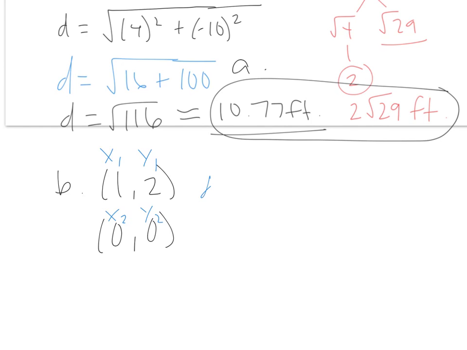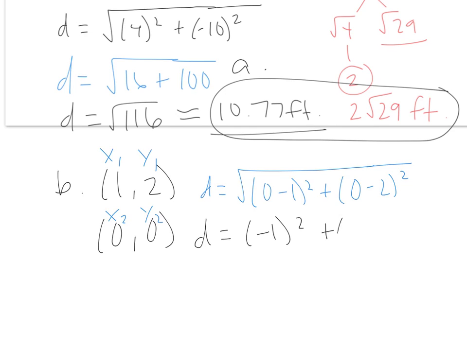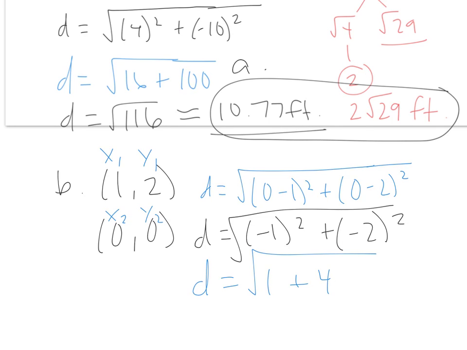So I'll say distance equals the square root of (0 minus 1) quantity squared, plus (0 minus 2). And again, I'm just using the formula. So distance equals (-1) squared plus (-2) squared. And then I get distance equals the square root of 1 plus 4. And 1 plus 4 is just 5.